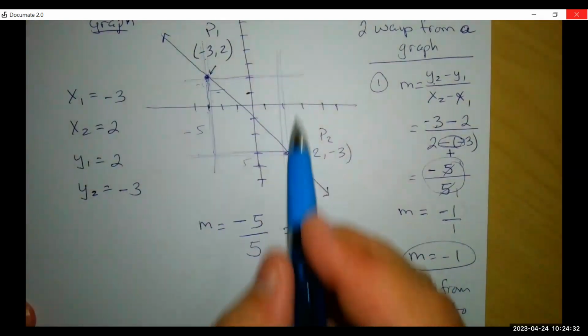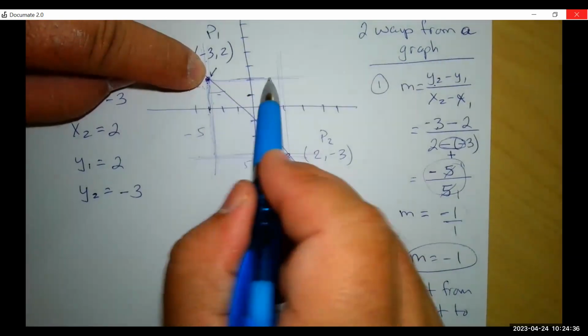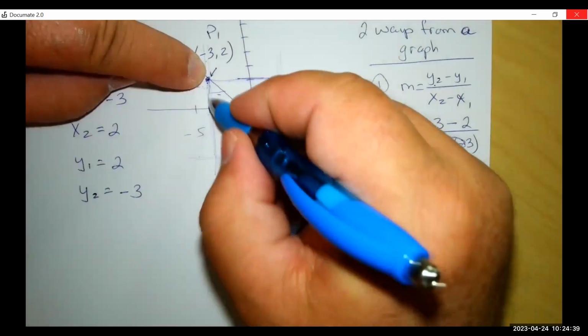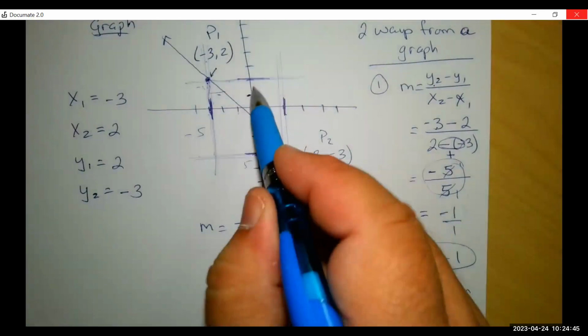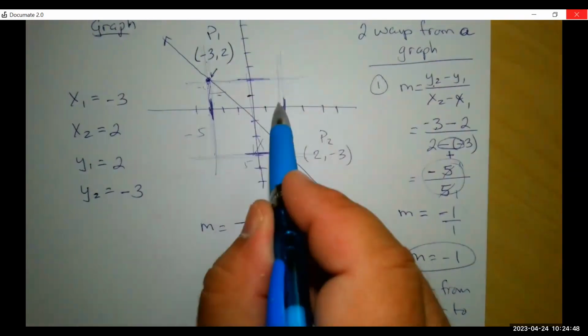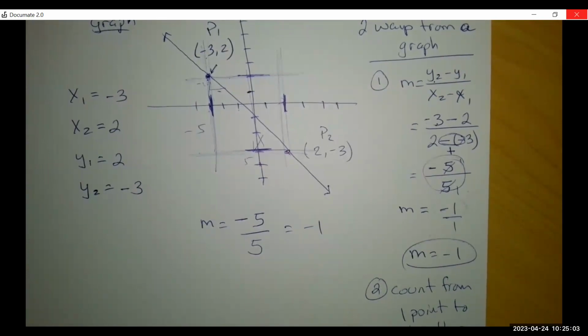So when you make the boxes around these 2 points, that tells you how far you go from here to here and how far you go from here to here. You just count them. This is down, so it's 5 down and 5 across. So that's really the first way. If I give you a graph or 2 points, this is how you do it.